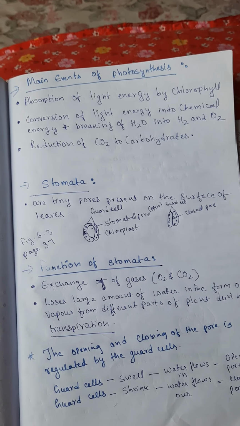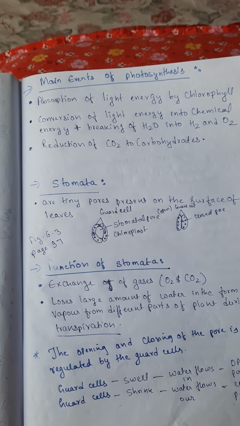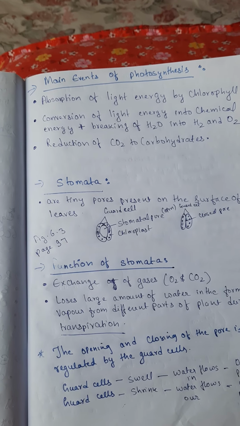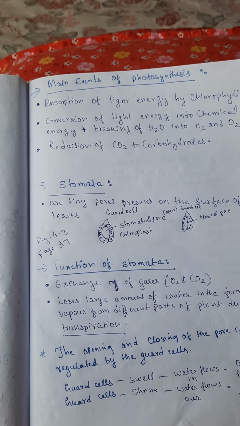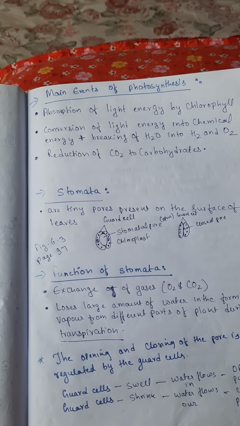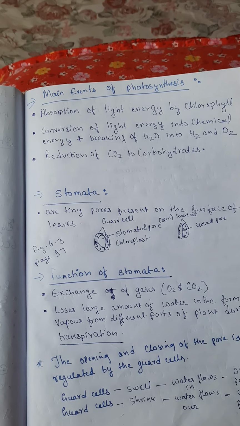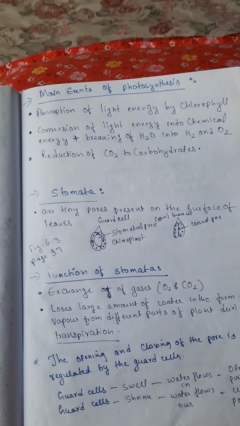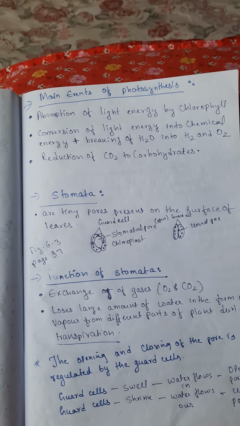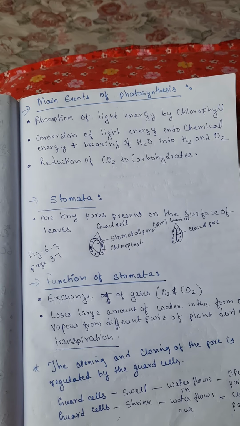In the second step, the solar energy is converted into chemical energy, and breaking down of water into hydrogen and oxygen also takes place. And now the third step is reduction of carbon dioxide to carbohydrates.